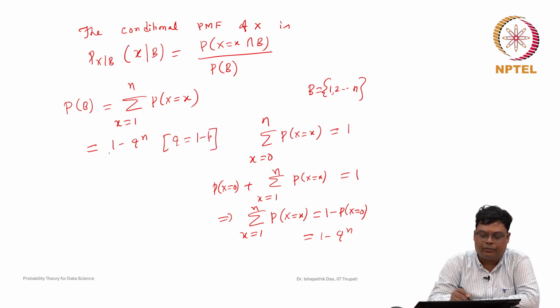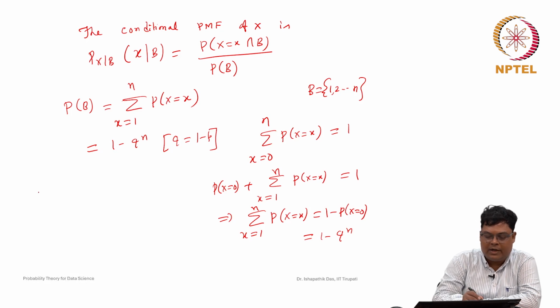Now we found this value, the probability of b. Now we have to find the probability of x equal to x intersection b. b is 1 to n, so this is the probability of x equal to x intersection 1 to n.